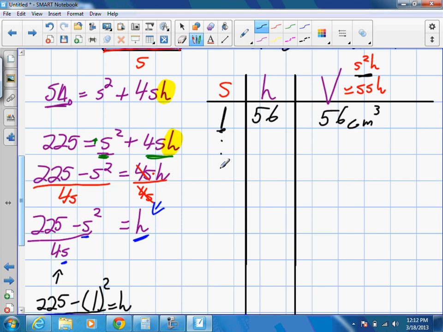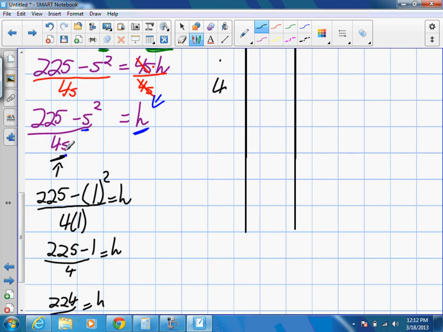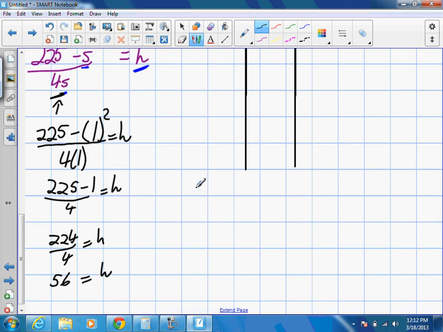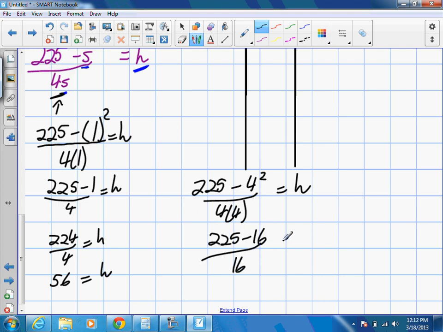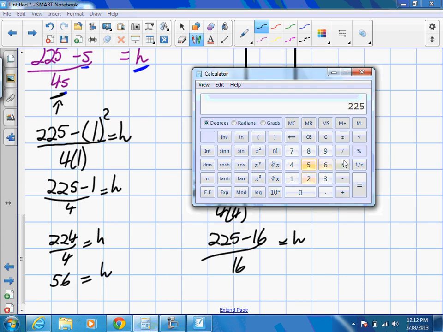We're going to do this same formula here, but with the number 4. So 225 minus 4 squared divided by 4 times 4 is equal to the height. That's going to be 225 minus 16 divided by 16. Take a calculator out. 225 minus 16 divided by 16 is 13.0625. We will be using decimals when we go through this.